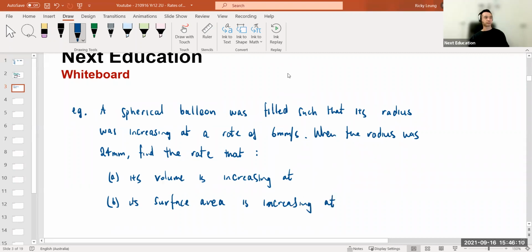All right, for this, maybe we'll do both in terms of 1 dp. Round it off to 1 decimal place.